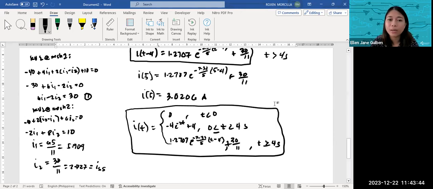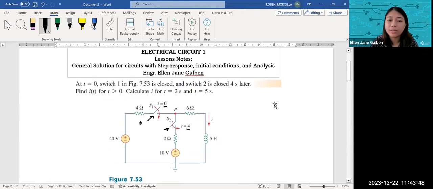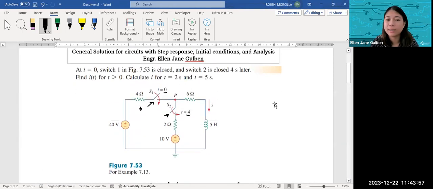Okay, so this is our first order differential equations or general solutions with initial conditions and analysis.